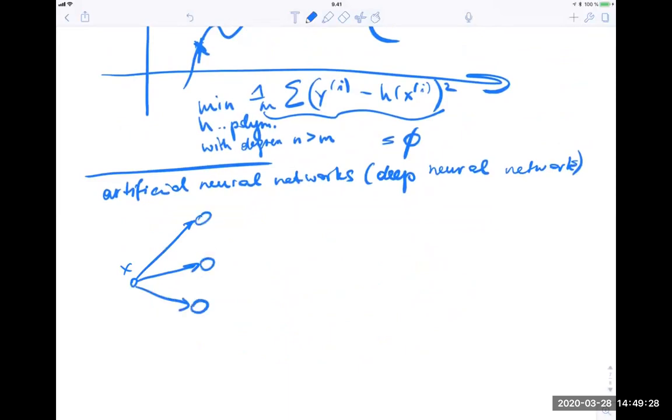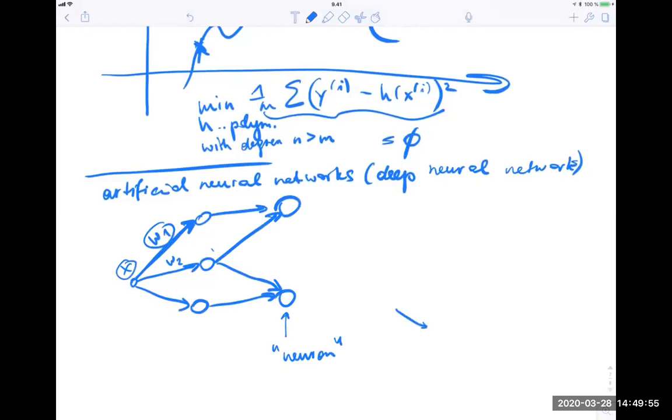So this diagram here, these edges represent, for example, multiply the feature with this weight W1, or multiply this feature with this weight W2 here, and then process it using neurons. So each circle here is a neuron.